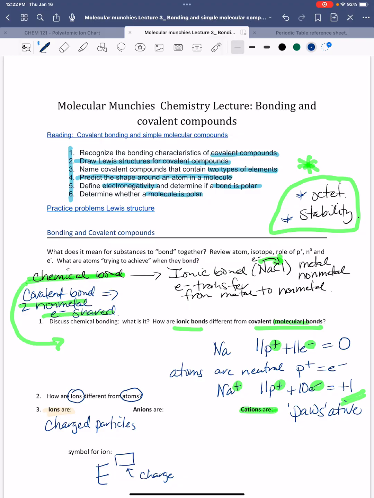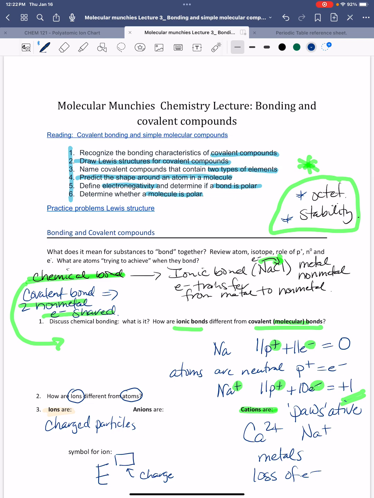Calcium 2+ is a cation, sodium +1 is a cation, and all metals tend to be cations because they give away electrons. So there's a loss of electrons here, and again, they're trying to achieve stability.